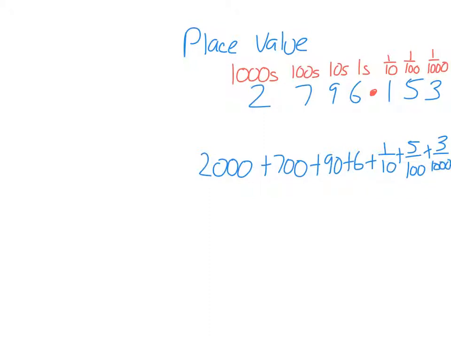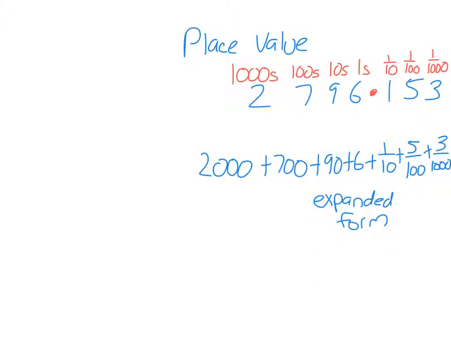That's what this number actually means. 2796.153 means there are 2 thousands, 7 hundreds, 9 tens, 6 ones, 1 tenth, 5 hundredths, and 3 thousandths. So this again is expanded form, and it tells us the place value of each digit.